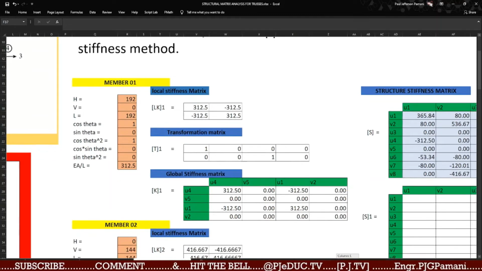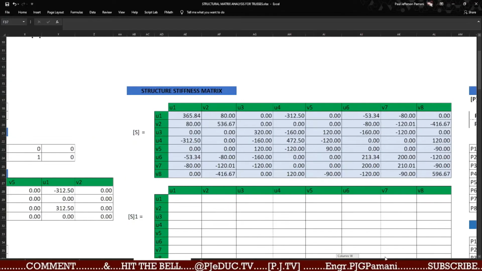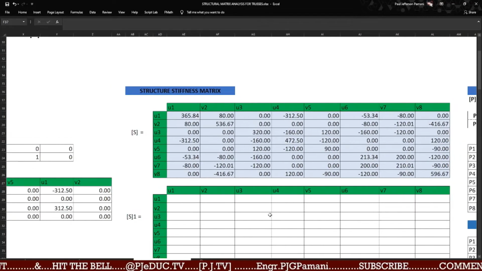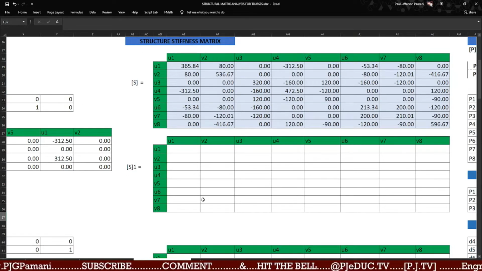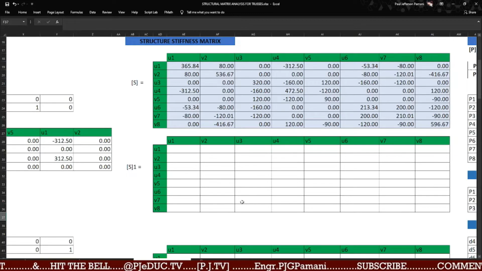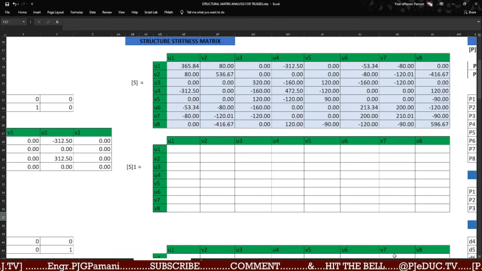Then you can transfer or convert your member global stiffness matrix into the structure's global stiffness matrix, basically column to column, row to row, and so forth. So just fill it up. This will serve as the structure matrix only for member number 1.